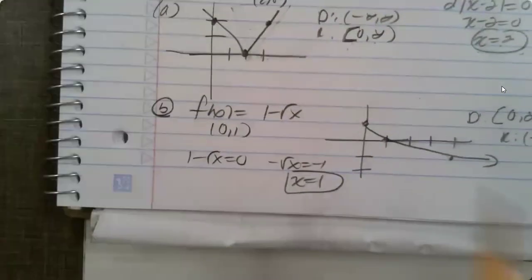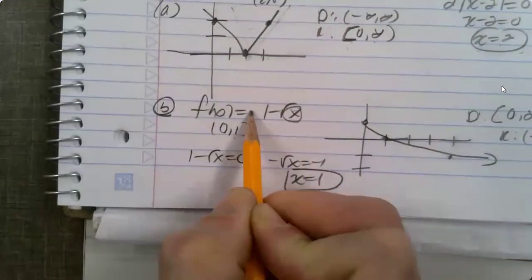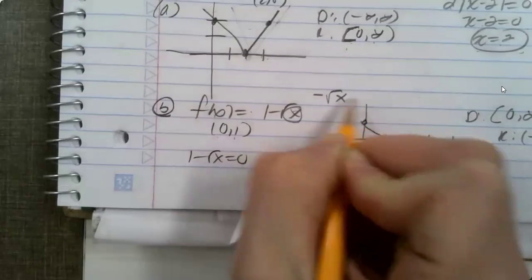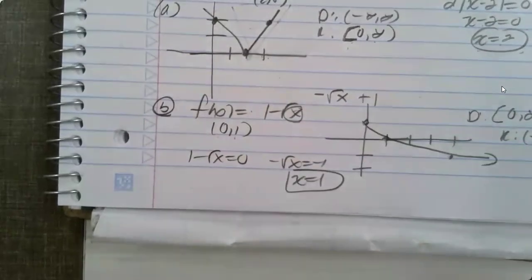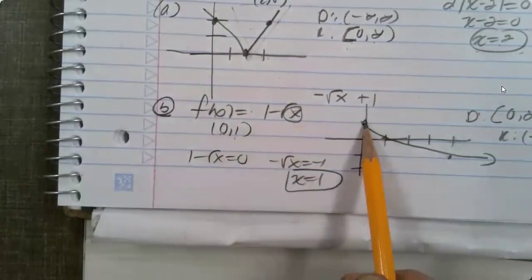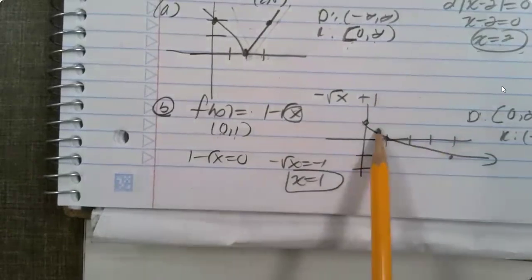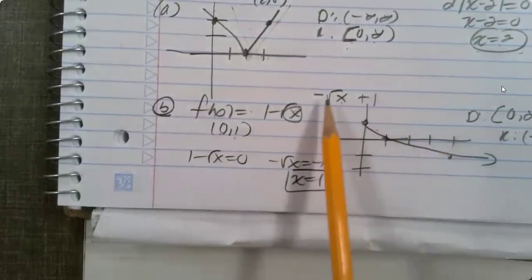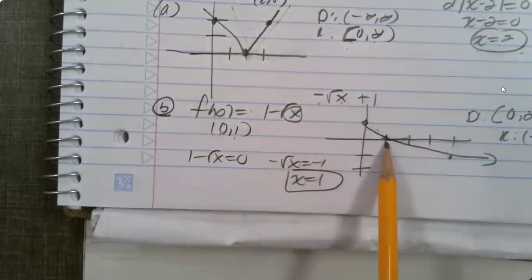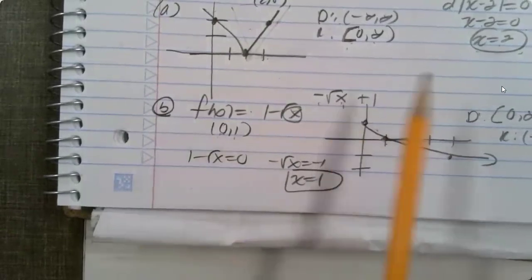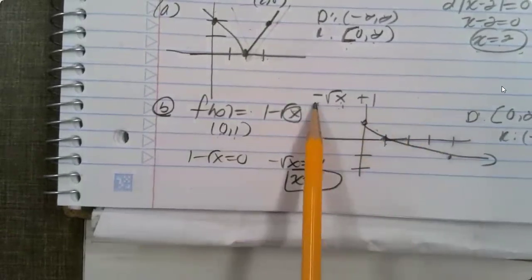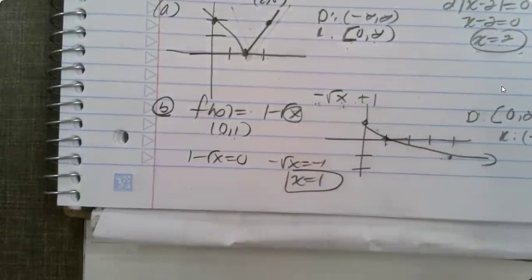In B, the vertex is 0, 1. If you want to rewrite it like this, that's fine. The vertex is 0, 1, plot it. Pick x is 1. The square root of 1 is 1 times a negative is negative 1 plus 1 is 0. Pick 4. The square root of 4 is 2 times negative is a negative 2 plus 1 is negative 1.